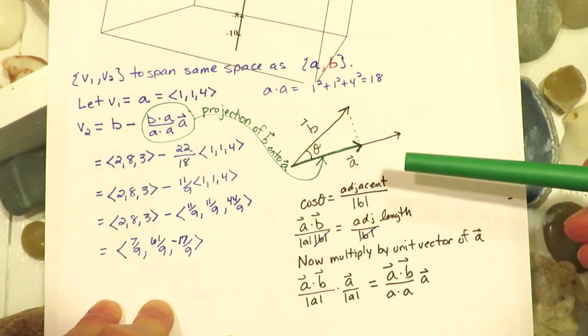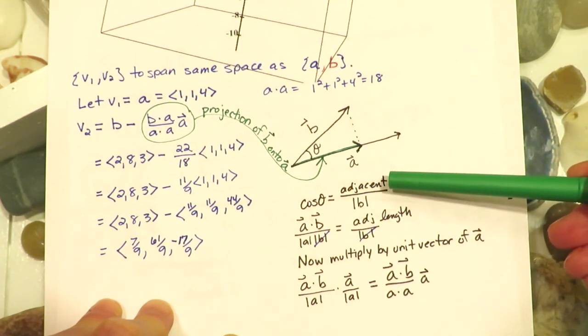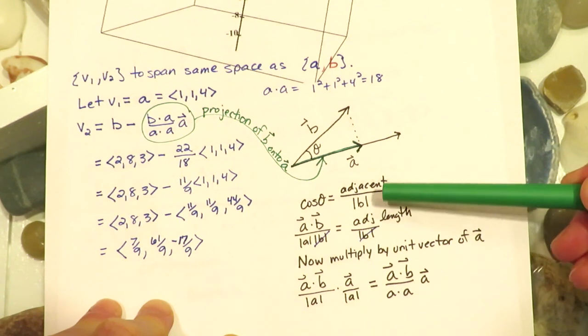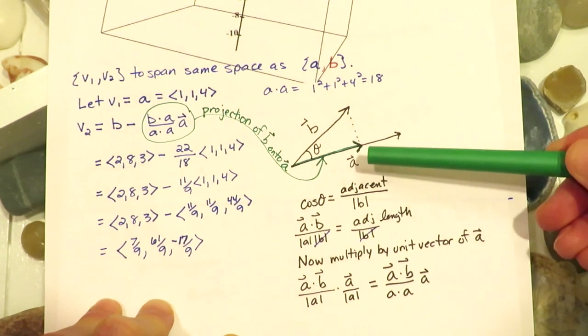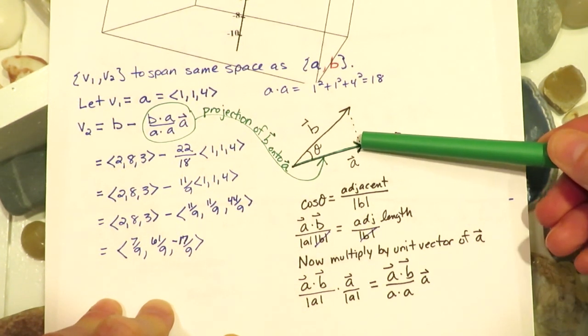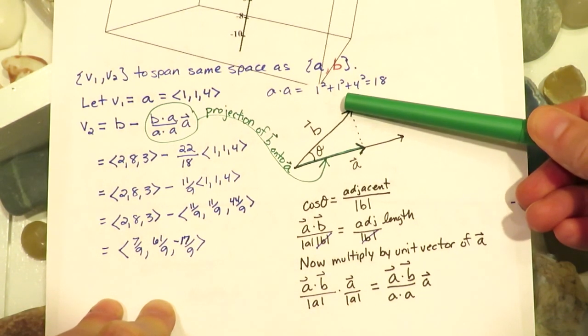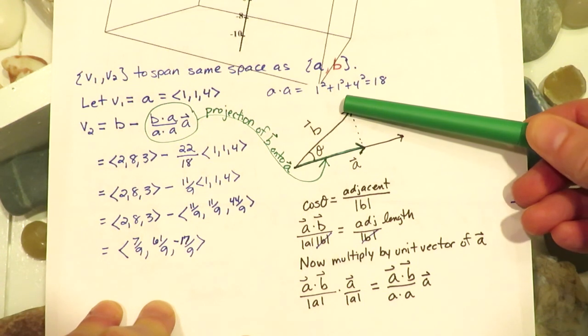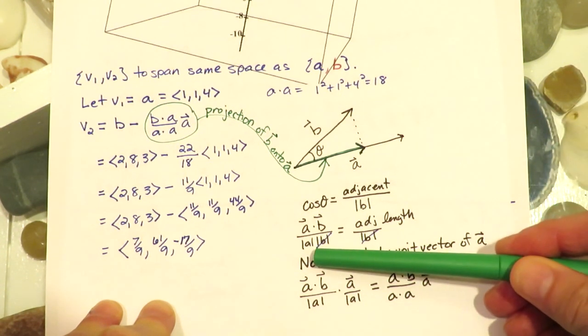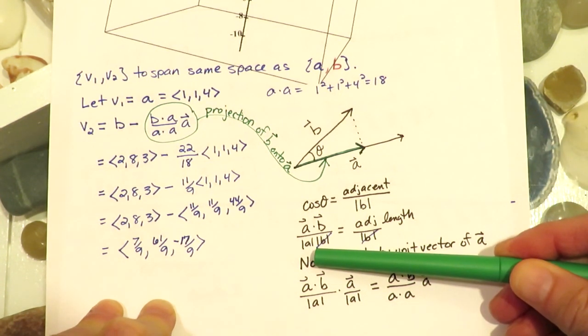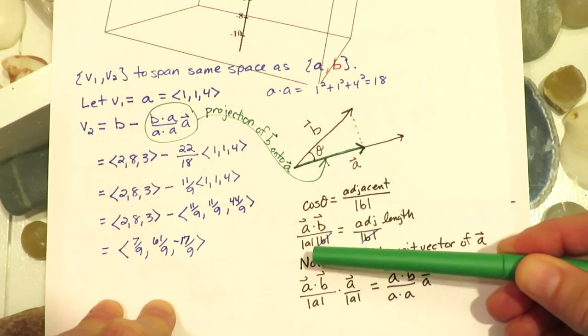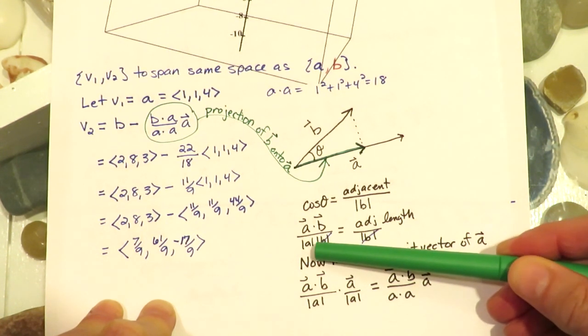Cosine of an angle in between two vectors would be the adjacent side over the hypotenuse, and so in this case the adjacent side is a length on vector A, and the length of B is the hypotenuse. And also it can be shown that the cosine of the angle between two vectors is equal to the dot product divided by the lengths of each vector.